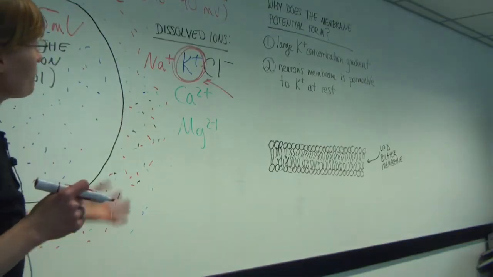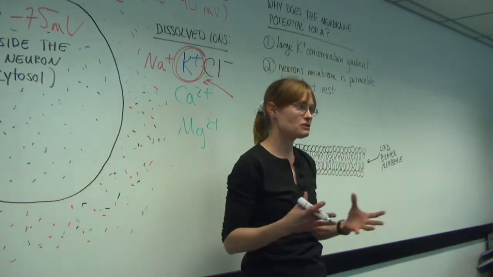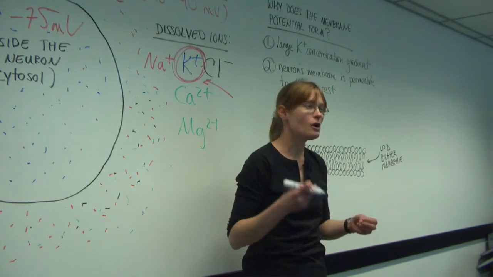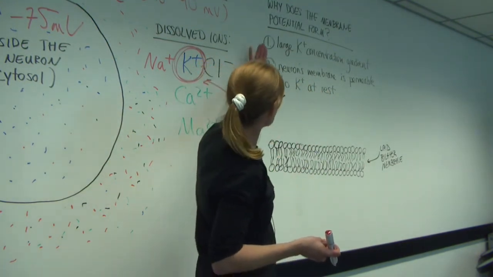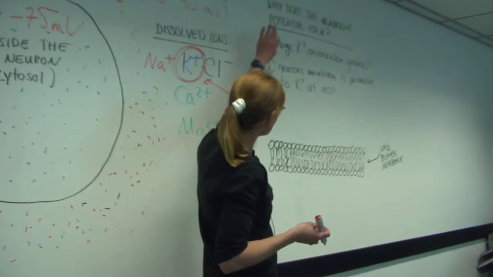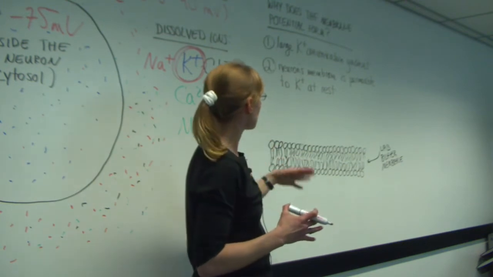Okay, so there are two things that are really fundamental or crucial for the development of the resting membrane potential. And one of them is the fact that we have a large potassium ion gradient across our membrane.